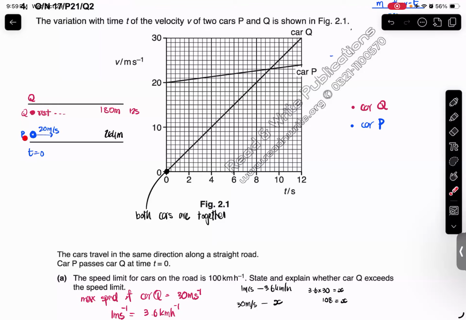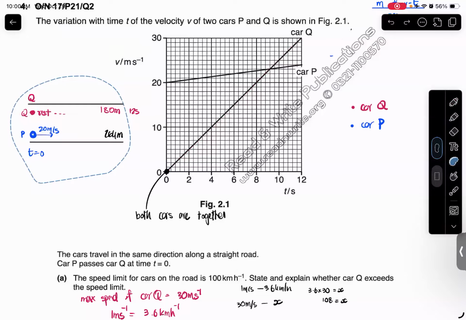So obviously, car P is much ahead of car Q. But do you see that car Q has a greater acceleration than car P? I can literally see it off the slopes. That must mean that car Q is going to overtake car P at some time later on, but it's not in the graph, because the graph is only up till 12 seconds.